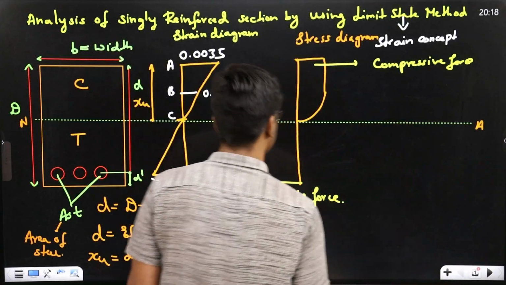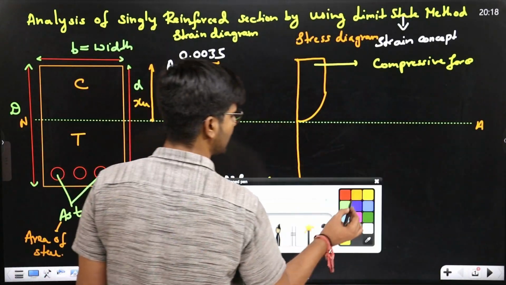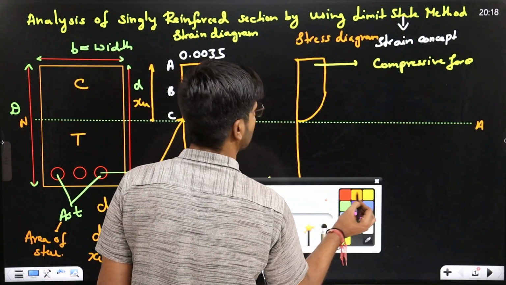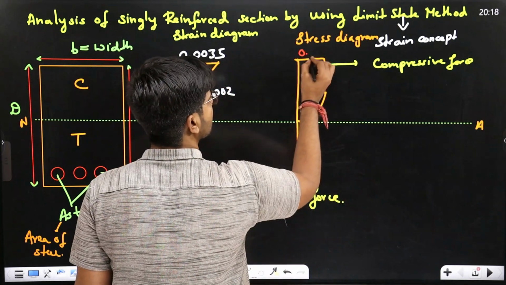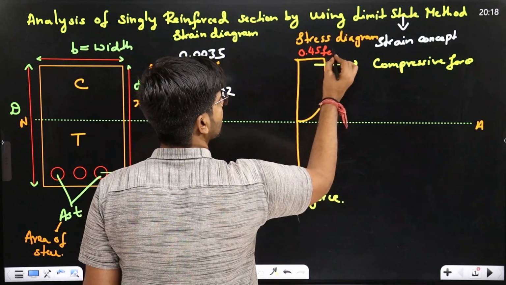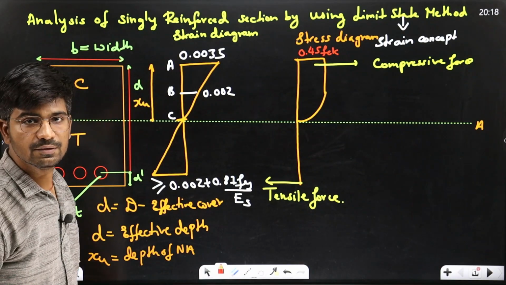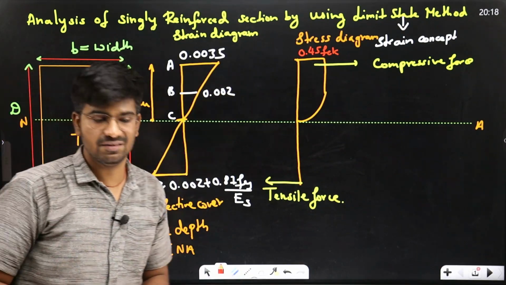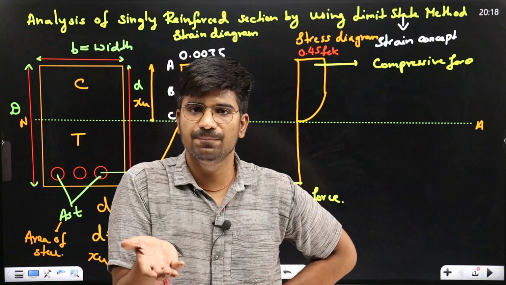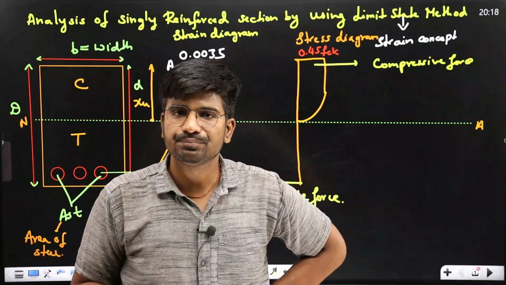And now I will write this 0.45 FCK here. The stress value 0.45 FCK. This is the compressive stress of concrete, 0.45 FCK. It means first you got the characteristic compressive strength by cube testing.